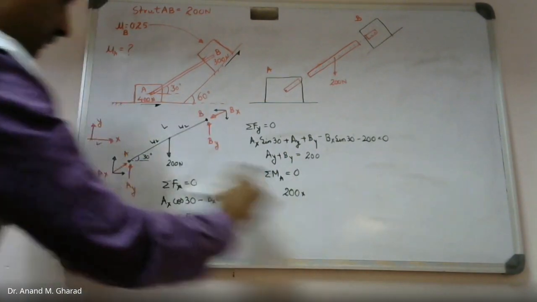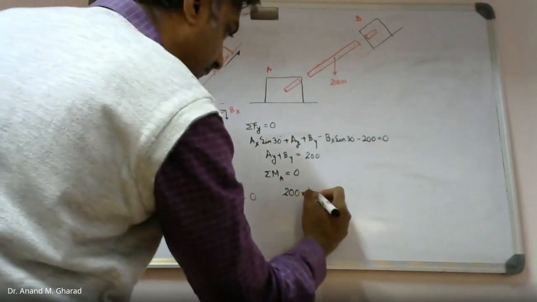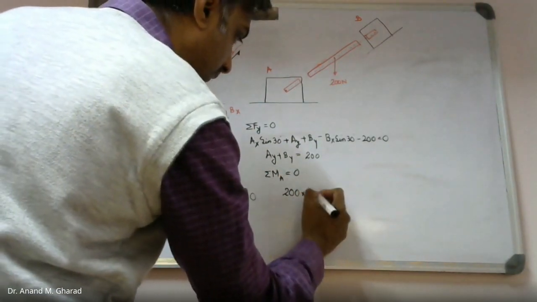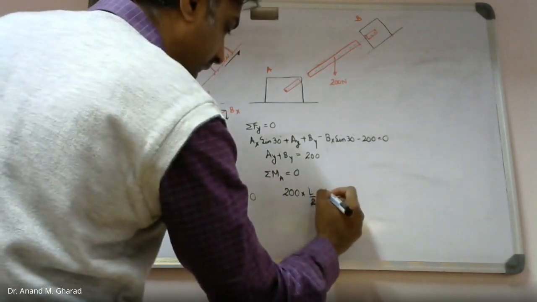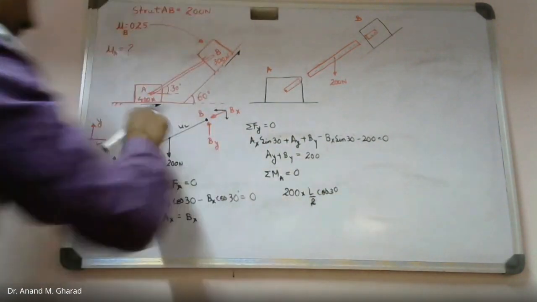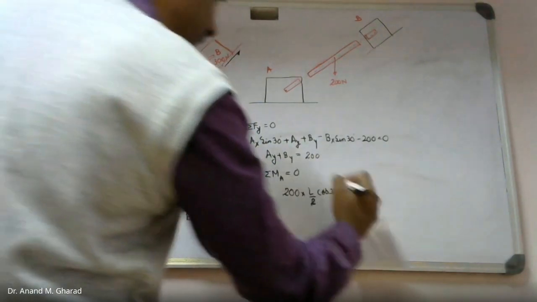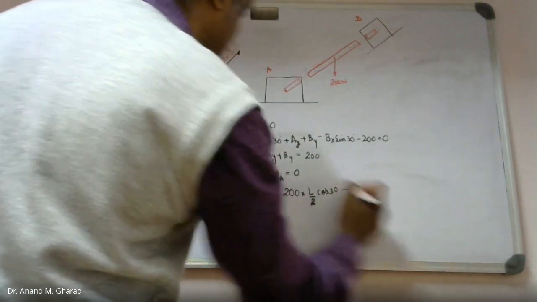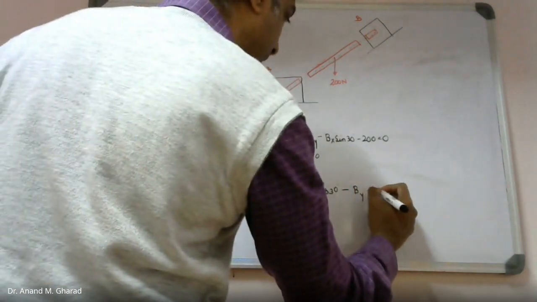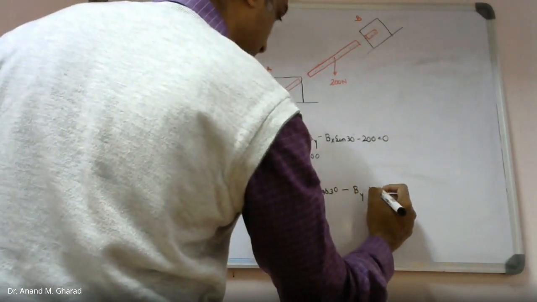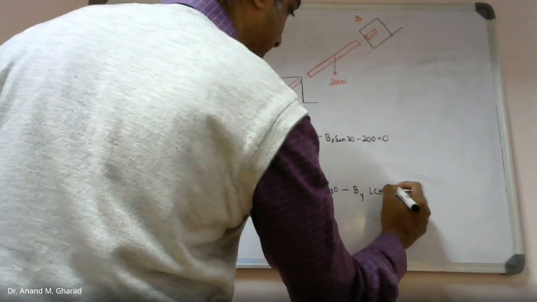So 200 into L by 2, L by 2, cos 30. This will be clockwise. Then By, since it will create anti-clockwise rotation, By into L, again, cos of 30.